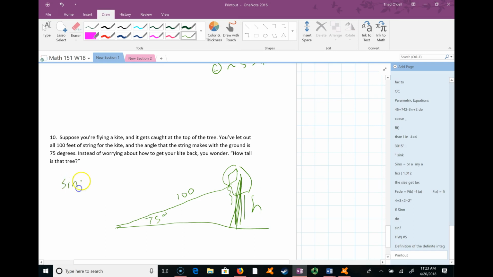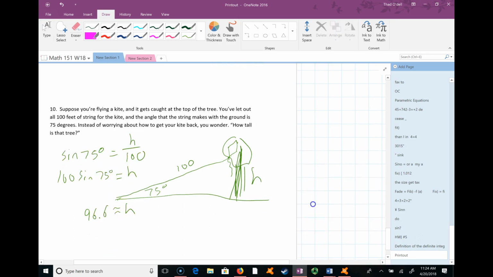So sine of 75 degrees is equal to opposite H over hypotenuse 100, which means 100 sine of 75 degrees is equal to H. So I would do sine of 75 degrees times 100, and that would be 96.6. 96.6 is approximately equal to H. That's a tall tree, doggone it.